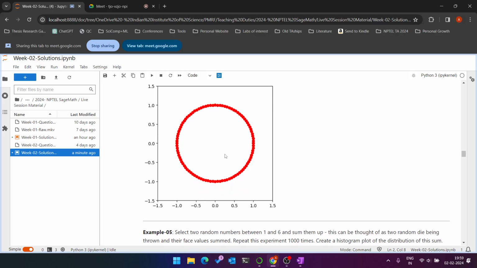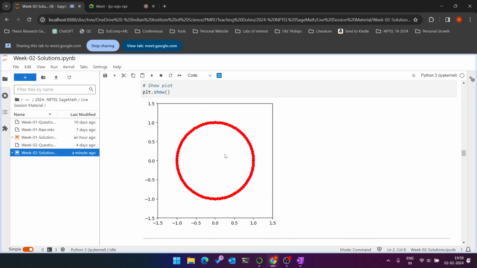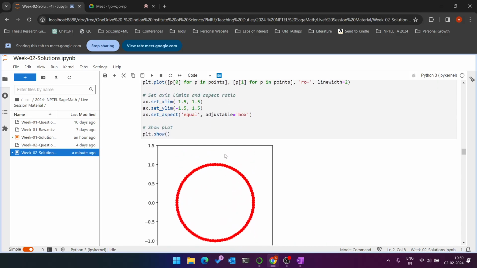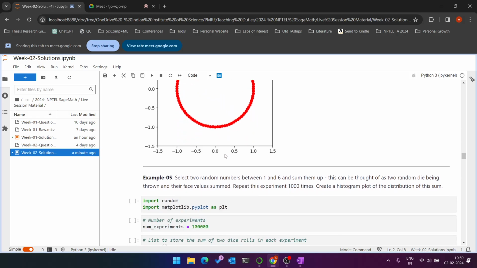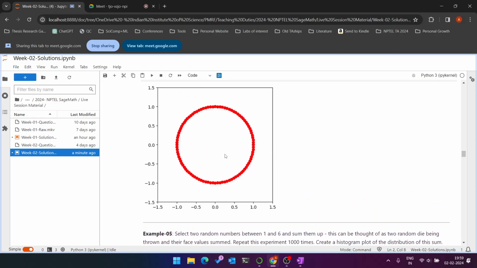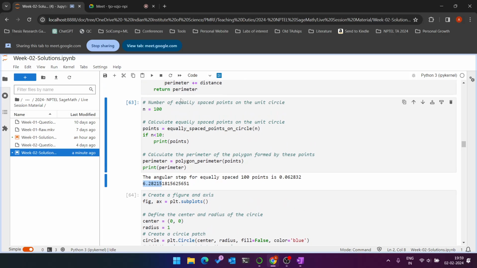That should approximate the perimeter of the circle. For very large values, it will be almost the same. And the perimeter of a circle, as we know, is nothing but 2 pi r. For a unit circle, r being 1, perimeter becomes 2 pi, which is also what our code is suggesting.